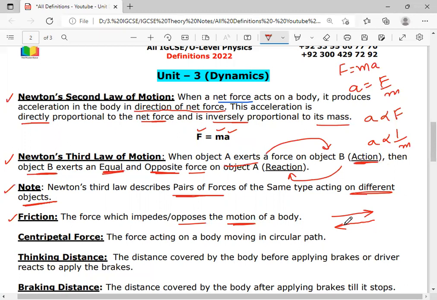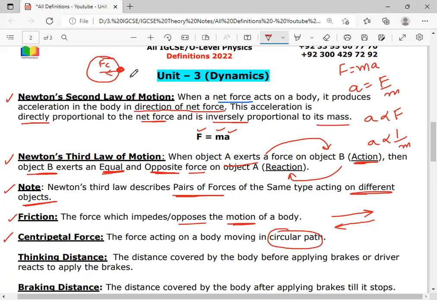Then here comes another definition, that is centripetal force: the force acting on a body moving in a circular path. Let's suppose a body is moving like this, then this type of motion is called circular motion, and the force acting on the body is called centripetal force.